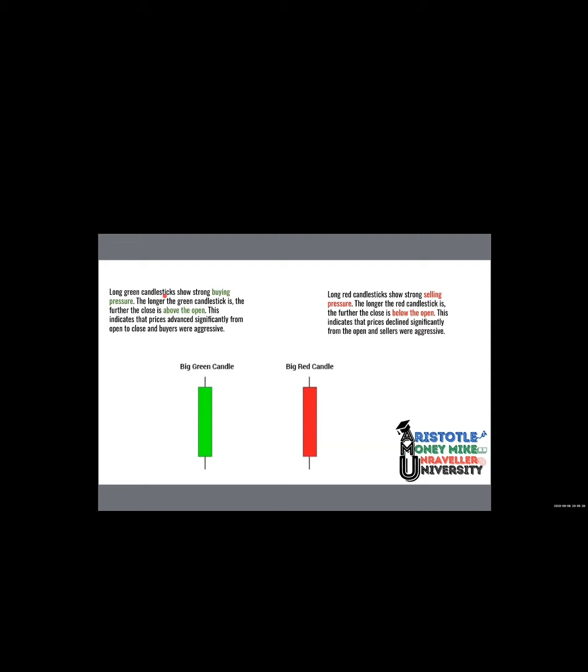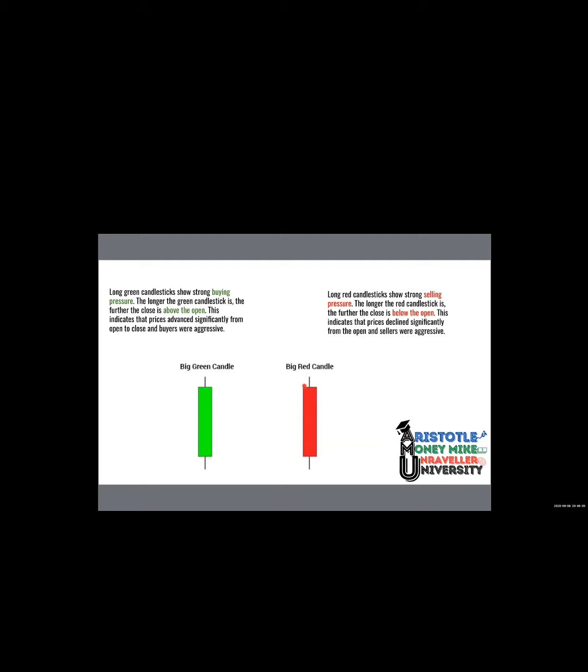In order for it to be a long green candlestick, remember these represent strong buying pressure. The longer the green candlestick is, the further the close is above the open. And if it's a long red candlestick, the further the close is from the opening price. So that is how you tell whether it's buying pressure or selling pressure.